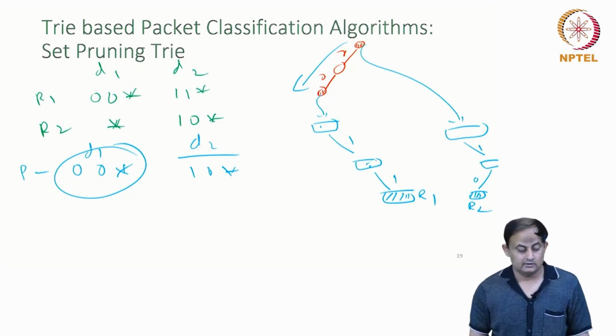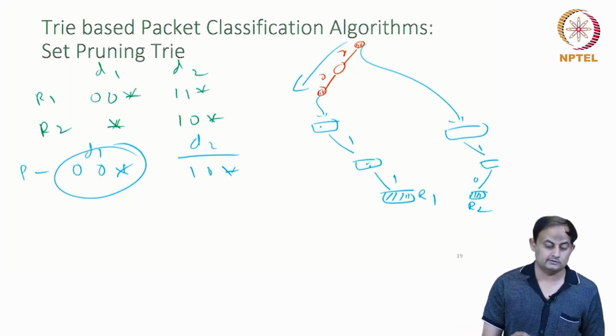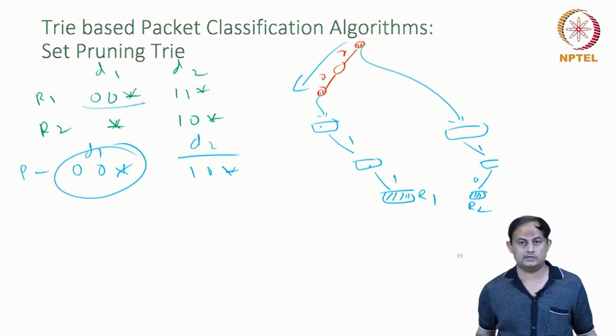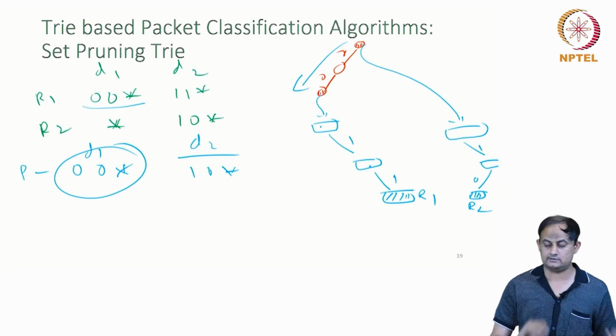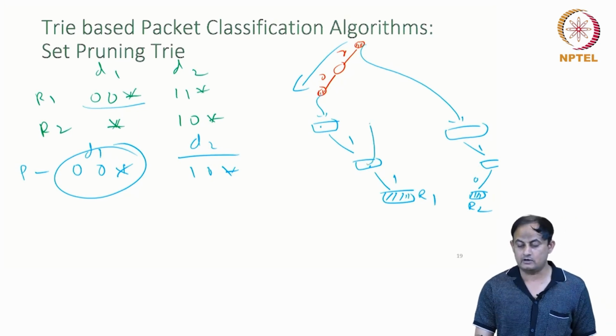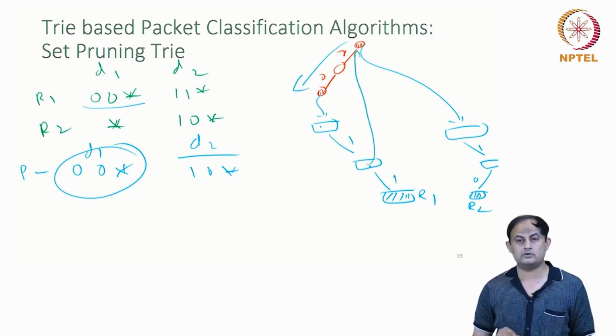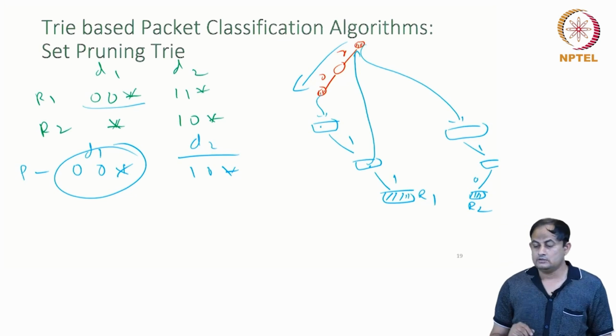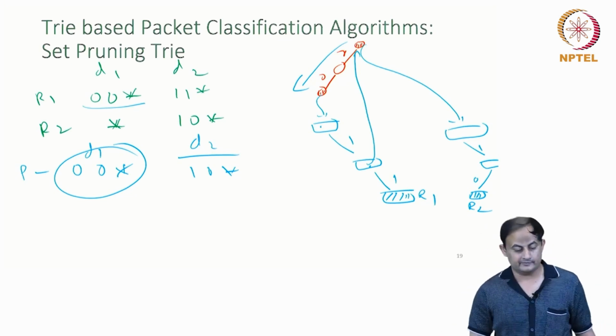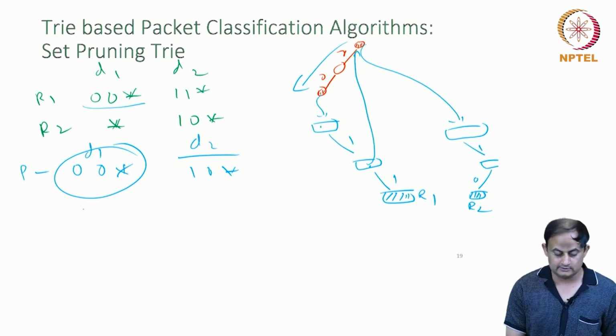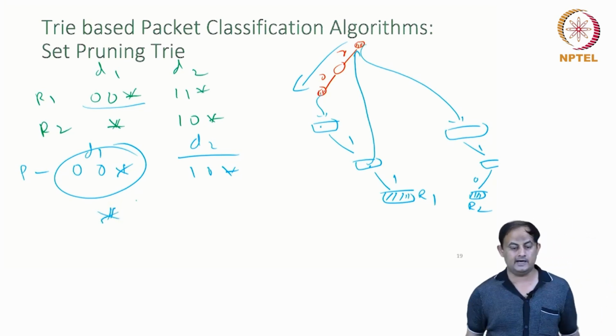Backtrack where? What are the other possibilities? If D1's 00 star is not applicable, what is the other rule that is applicable? Here, in the case of star, from here all the way to this star node, I am going to backtrack. Then I will explore, because 00 star is a subset of star, so this rule R2's case is valid.